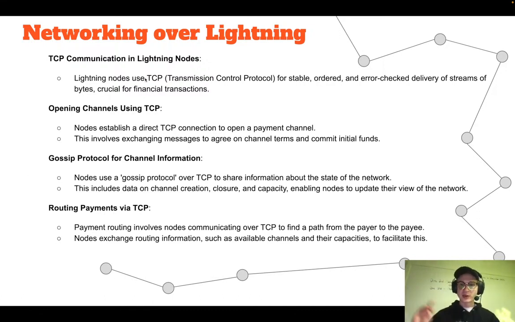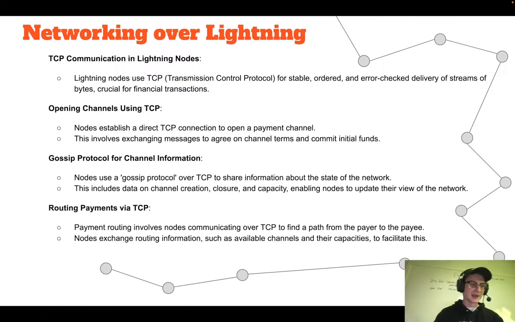So communications, opening channels. We've got the Gossip protocol that talks about channel creation, closure, capacity of certain channels, and then of course routing payments through the network. There's this Gossip that is happening, and it's all over TCP. TCP is a lower level protocol.